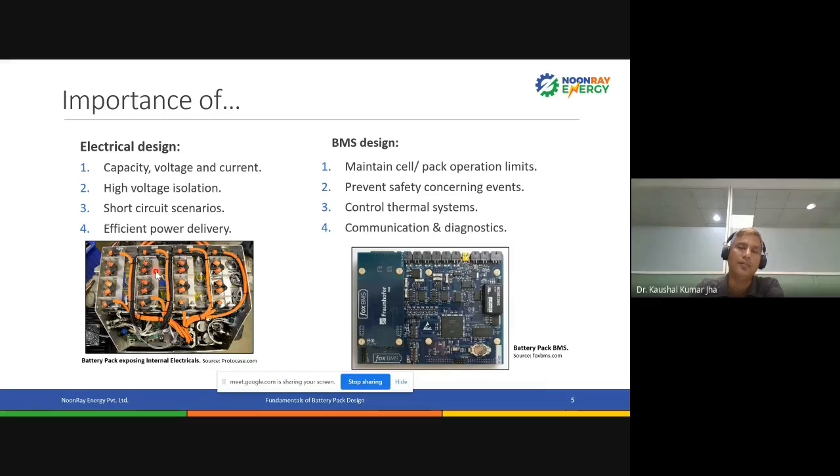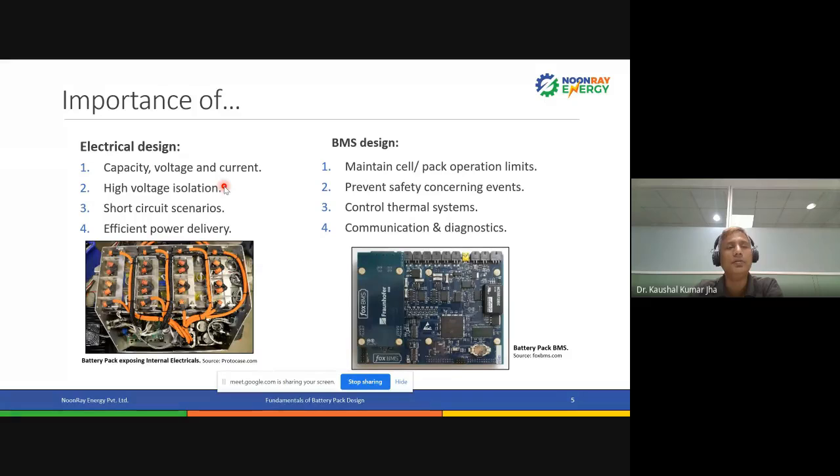You can see here, there are several cells, 1, 2, 3, 4, and similarly on this side, and these are all connected in a series and parallel combination. This combination finally gives you the required capacity in kilowatt hour or watt hour, the required voltage, and the required current.